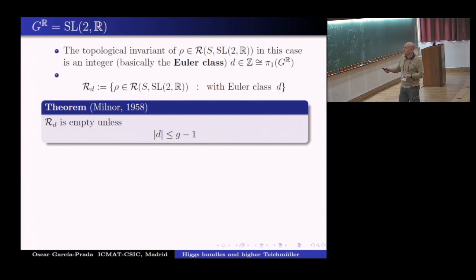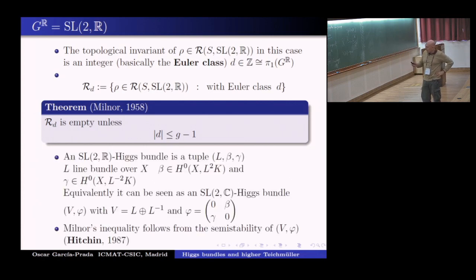And so for the non-surjectivity, Milnor's result gives us this bound. And then let me use Higgs bundles to explain the non-injectivity. For an SL2R Higgs bundle, remember that SL2R is isomorphic to SU(1,1).